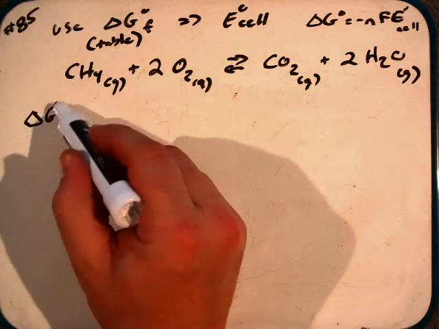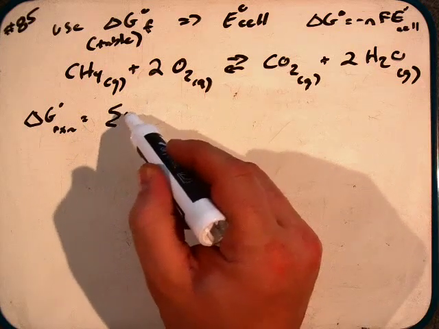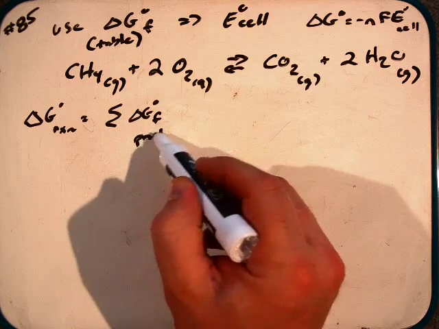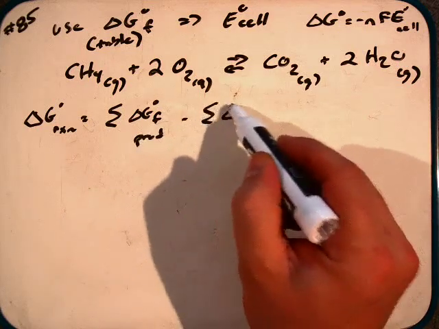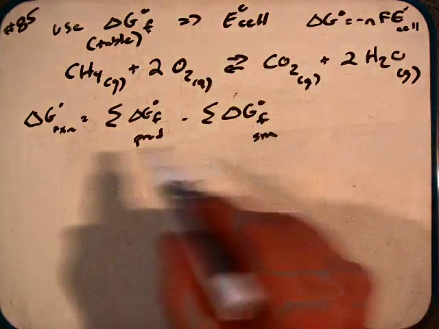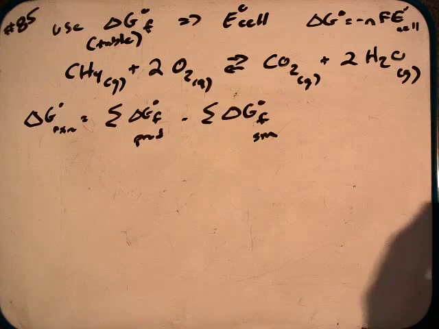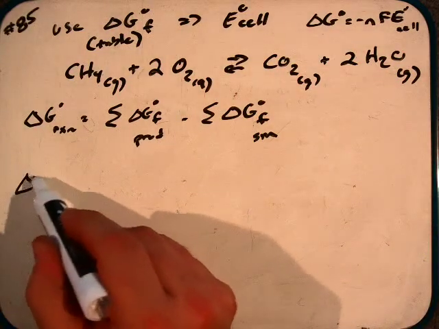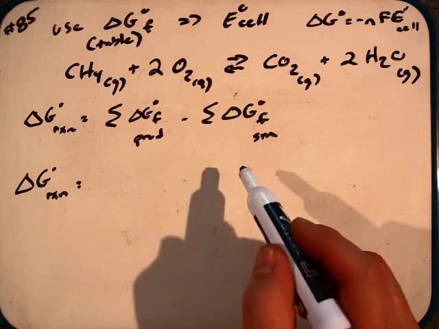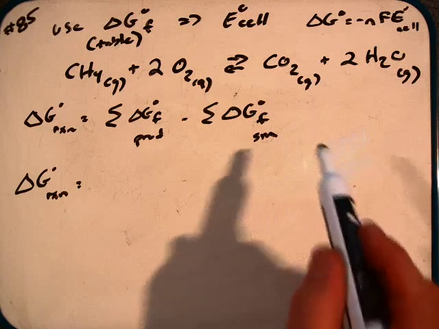And then we can just use our delta G of formation, meaning that if we sum up the delta G's of formation of our products and then subtract off the sum of all those delta G's for our starting materials, we can get the delta G of the reaction. So I'm not going to review that whole process, but we would have to take our products minus our reactants, and so that's why it's critical that we have these balanced.